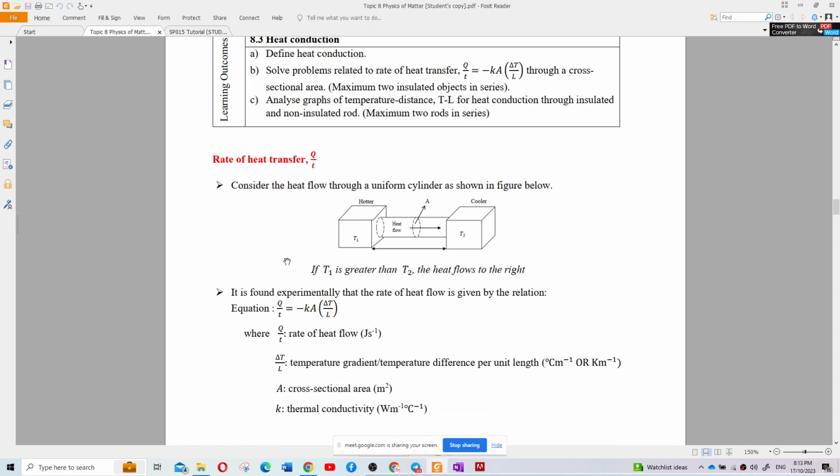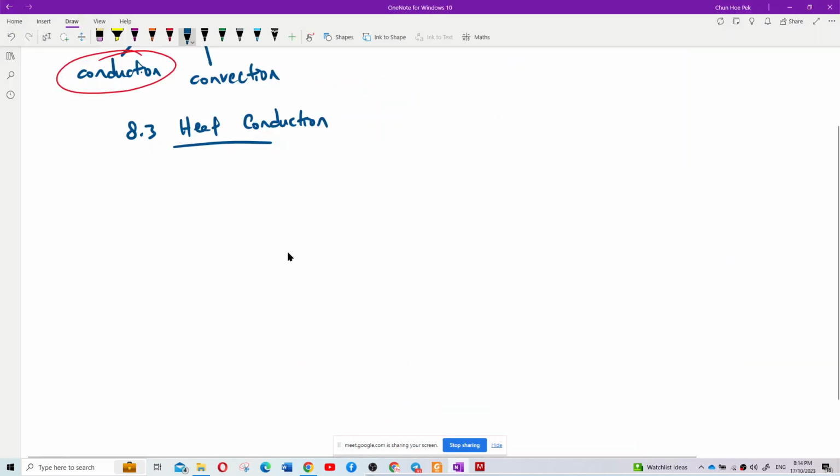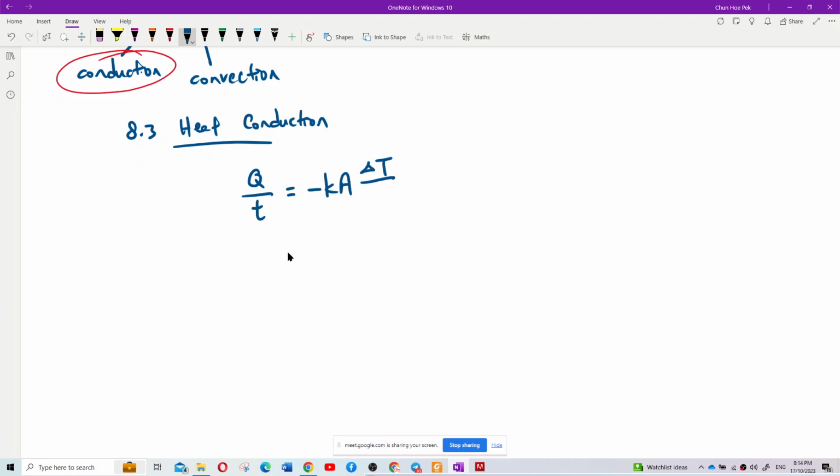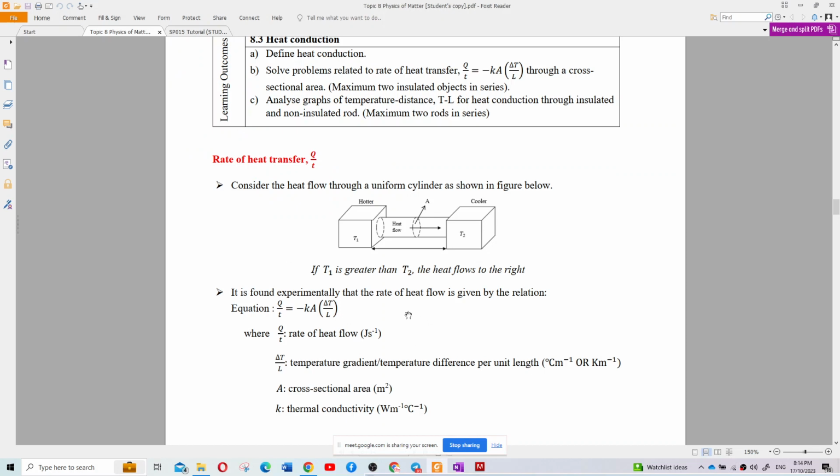The rate of heat conduction is based on this formula: Q over T equals negative Ka delta T over delta X. Oh, using L, sorry.